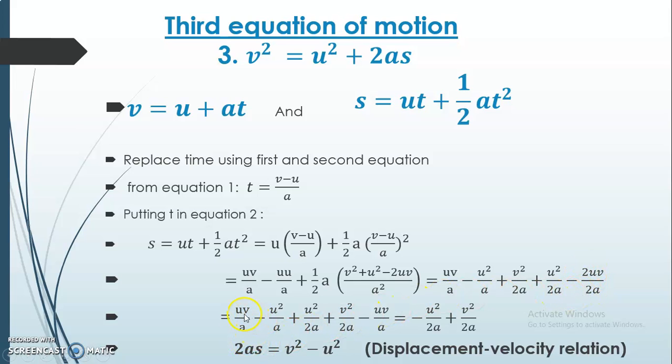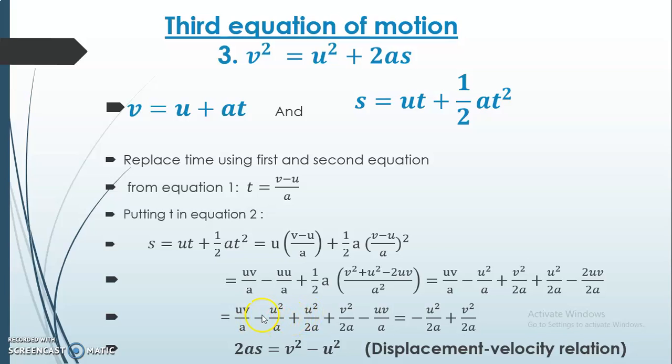Okay, now it will become uv upon a minus u square upon a plus this u square upon 2a. So you can see that there are two terms. One is minus u square upon a and the other is plus u square upon 2a.